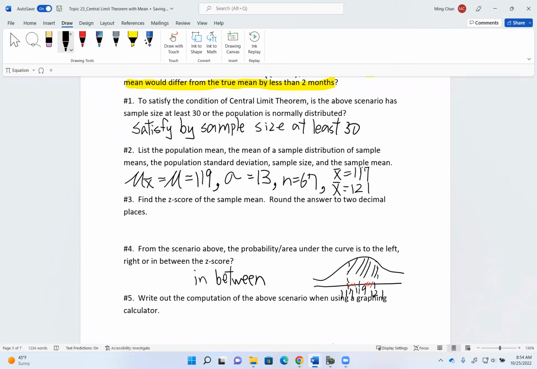All right, I'm just going to write it out. The z-score is the sample mean 117 minus the true mean, divided by the standard deviation over the square root of 67. The other one is 121 minus 119. The distance to the true mean is exactly the same, right? Whatever one z-score is will be negative, and the other will be positive.